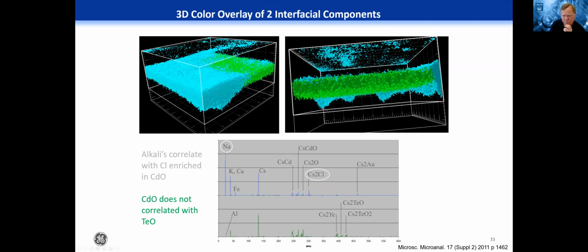And that was important. That would have been hard to find and extract from just manual univariate analysis. So advanced data analysis tools are important.